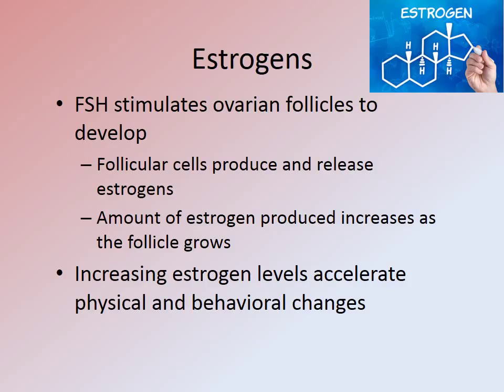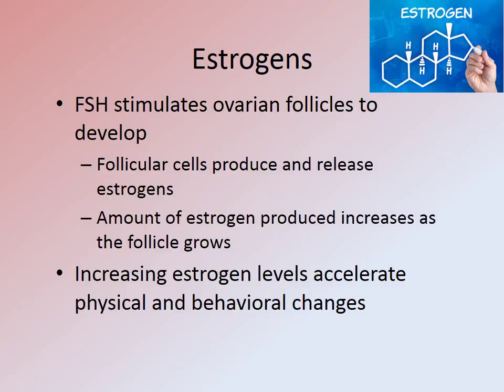Follicle-stimulating hormone stimulates the ovarian follicle to develop. The follicular cells produce and release estrogen, so that's where estrogen comes from. The amount of estrogen produced increases as the follicle grows.